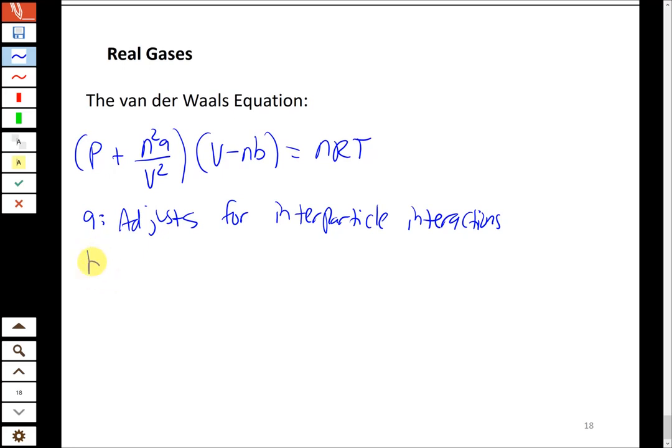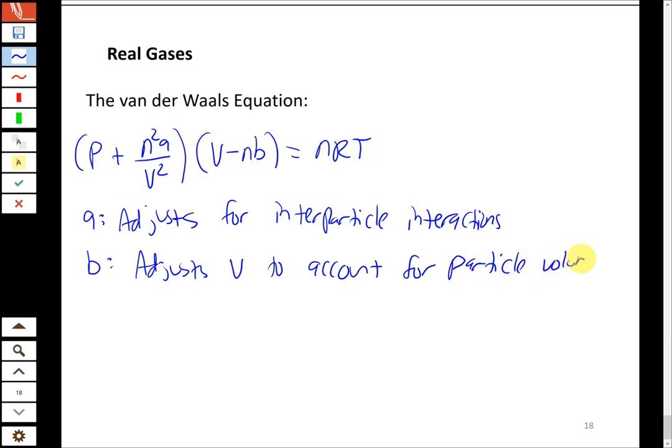And then the other term, B, adjusts the volume. It's included with the volume term, and it accounts for the particle volume of the gases. Kinetic molecular theory assumes that the gas particles have no volume. Of course, that's not true, especially if you have a gas that is a large molecule, or a gas at small volume and high pressure, where the gas molecules are forced to be close together.